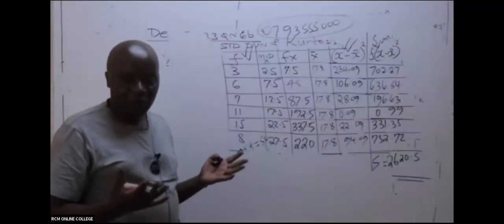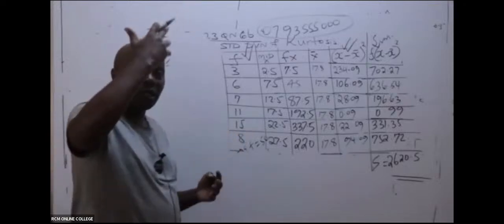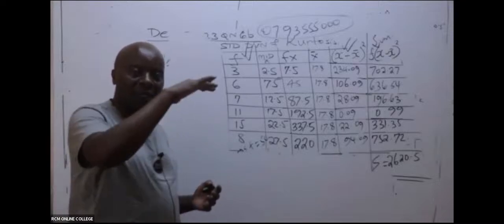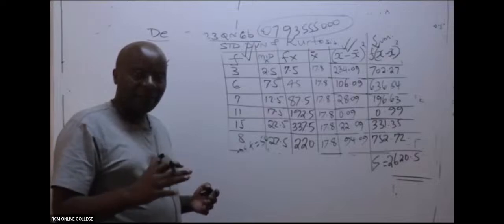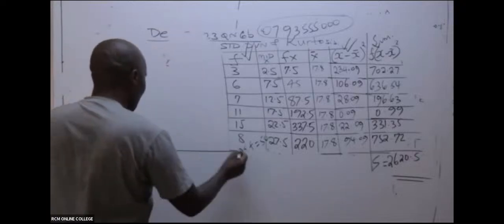To get this coefficient of kurtosis, which is a measure of peakedness, think of height: we are tall people, myself I'm short, and we have people who are medium. So that is a measure of peakedness, how these distributions behave.